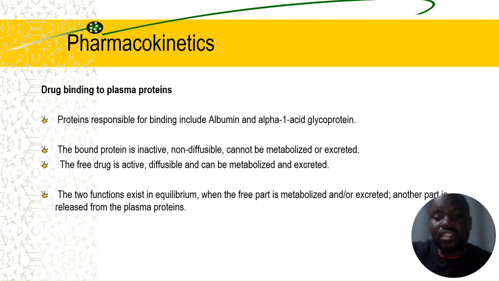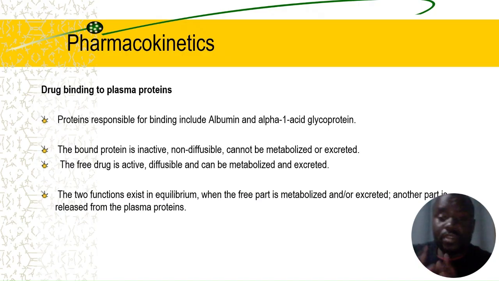So let's look at the individual factors. Drug binding to plasma proteins, how does this influence? The major transport proteins in the blood are alpha-1 acid glycoprotein and albumin. We also have other proteins in blood like the immunoglobulins, and fibrinogen, which is important for blood clotting or hemostasis.